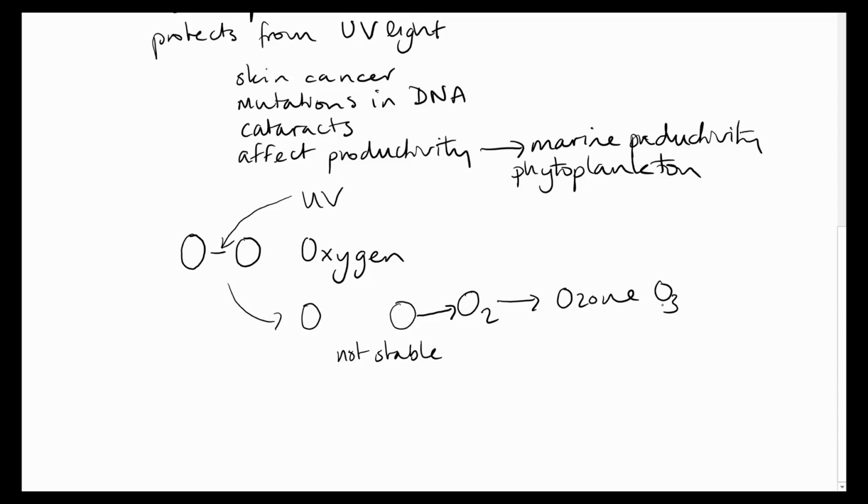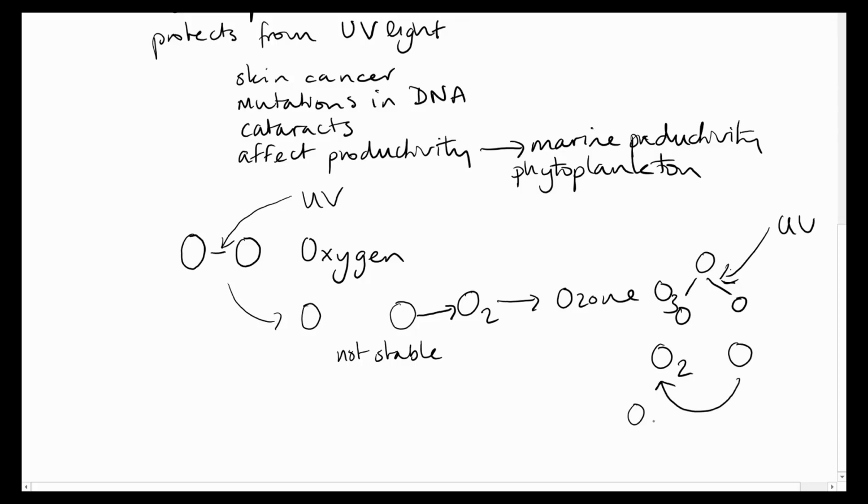And then the reason that the ozone protects us is that we've got these triple atoms of oxygen, and the ultraviolet light also can split those apart, and so you get the oxygen formed again, and you get an oxygen atom, and it goes round in a circle. It's called a cyclical reaction.